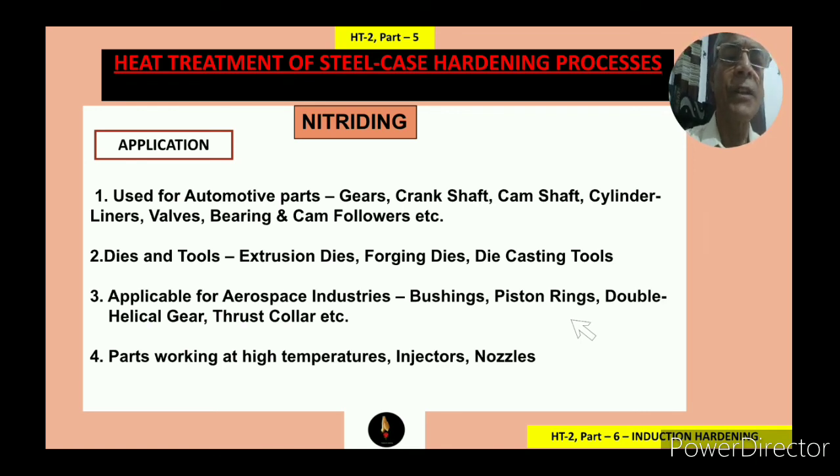All these things have been explained to you, and after that the factors affecting the nitriding process, or you may say precautionary measures also. Then the advantages and disadvantages of the process, and finally the applications of the nitriding process.